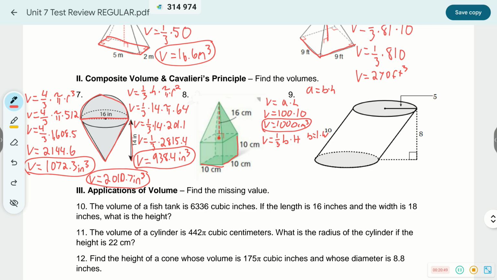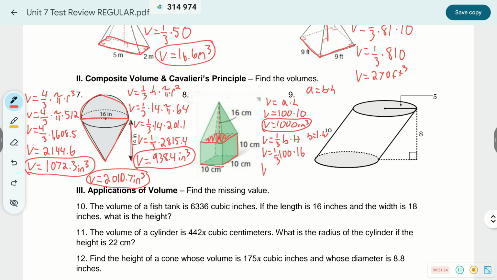The base is the length times the width, which is just this. That's the area of this whole figure, our base, which is going to be the same measurements as the cube. So volume equals 1/3 times 100, which was the base, times our height, which is 16.